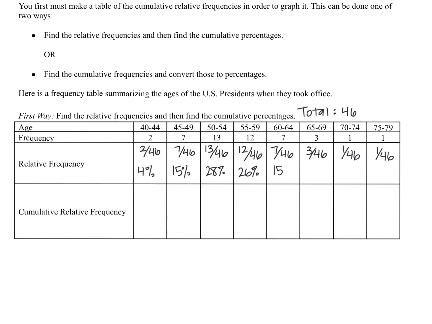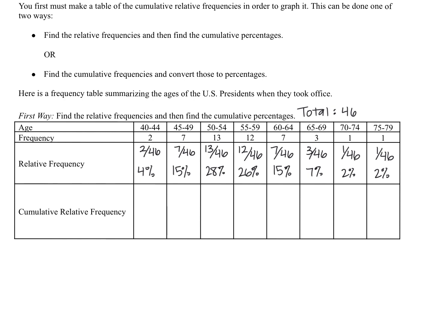Another 7, so 15% again. 3 out of 46 is 7%. And then 1 out of 46 is 2%.